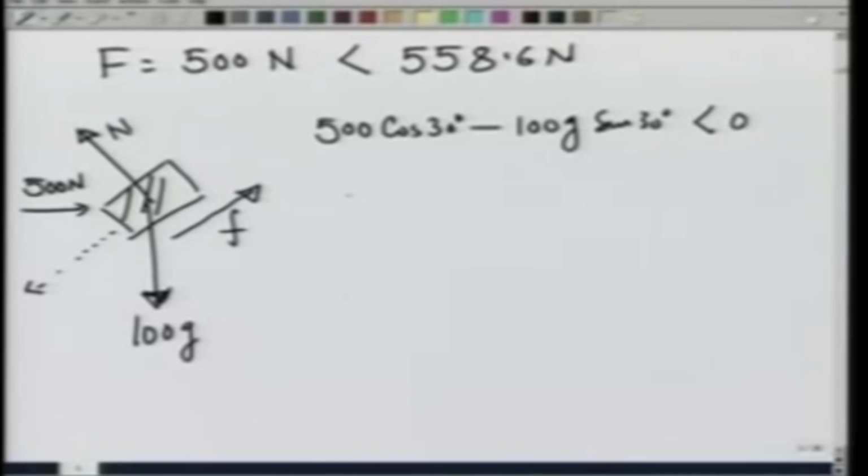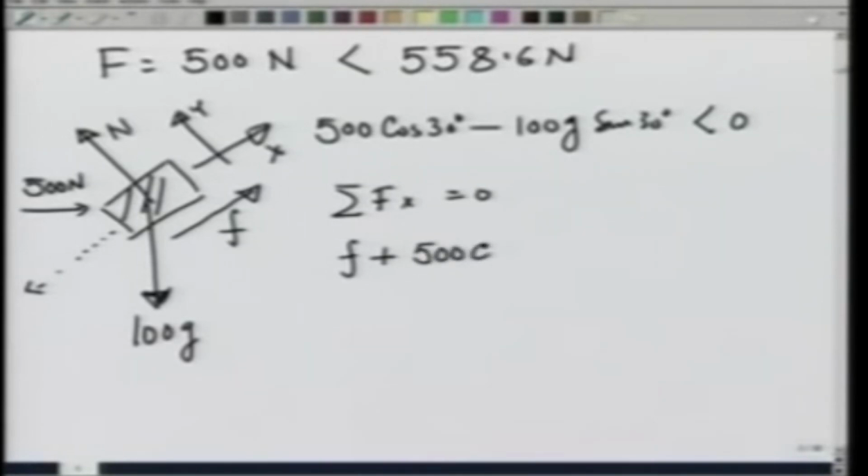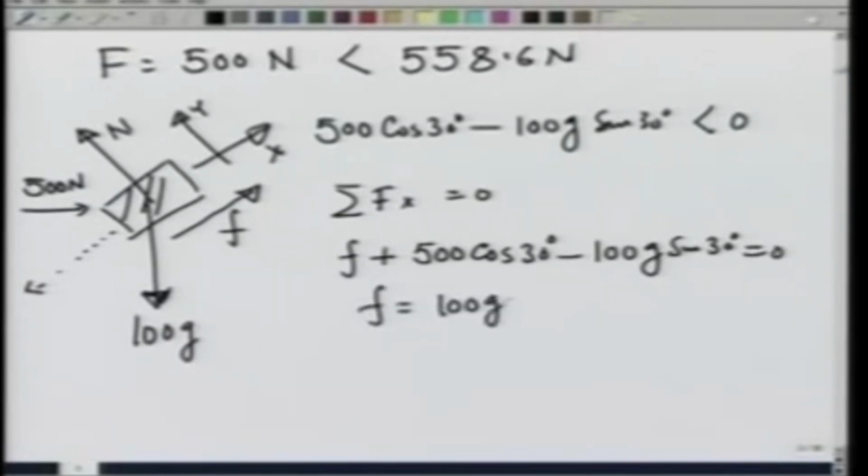Again, the equation for equilibrium, summation Fx equal to 0, taking this to be the x direction and y to be the perpendicular direction to the plane, gives me f plus 500 cosine of 30 degrees minus 100 g sine of 30 degrees is equal to 0, or f equals 100 g sine of 30 degrees minus 500 cosine of 30 degrees.